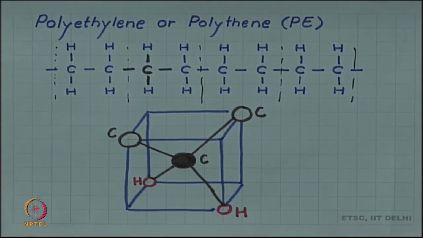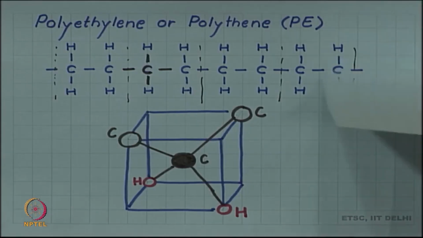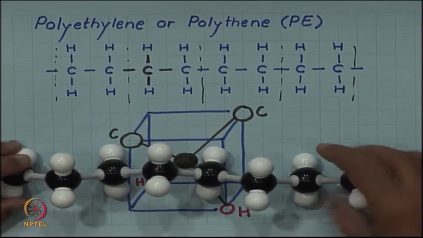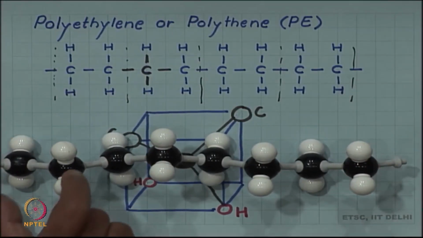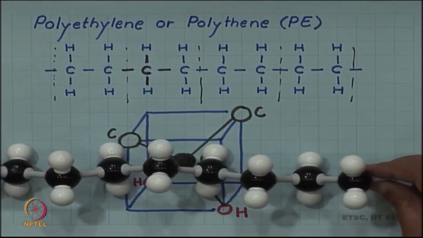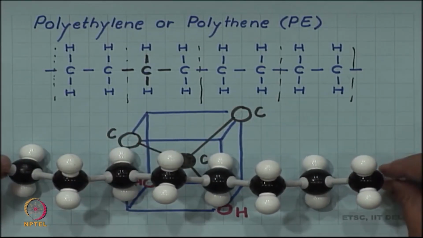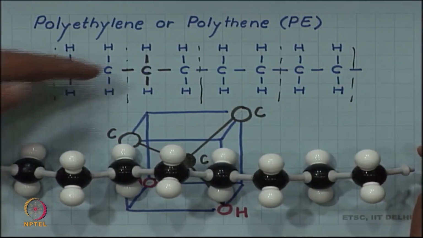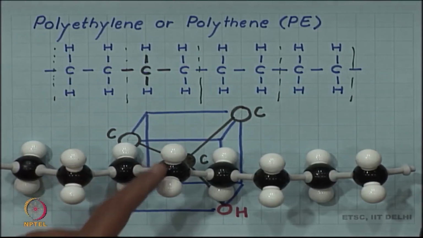So, in reality this model is not planar, but has a 3-dimensional configuration. Here I have a molecule to show you. You can see here we have 4 monomers, and I have put them in the straightest possible configuration, and we are looking from the top along this axis with the 2 hydrogen atoms associated with each carbon.